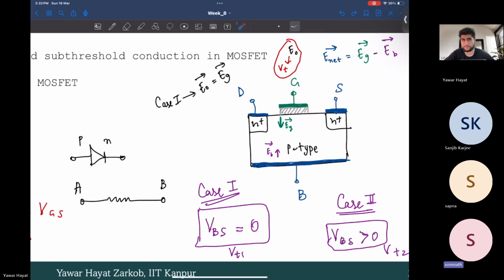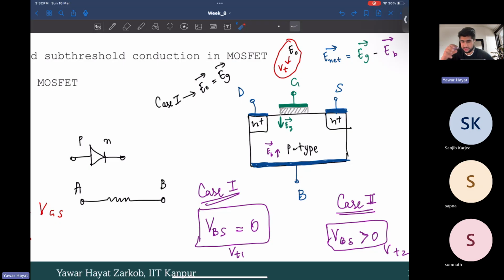Sir, in first case, you told that if the base terminal is 0, then E net equals EG. Yes, in case one, my EG was sufficiently larger, and it was equal to this E naught. Now EG value won't change, EG will remain the same.